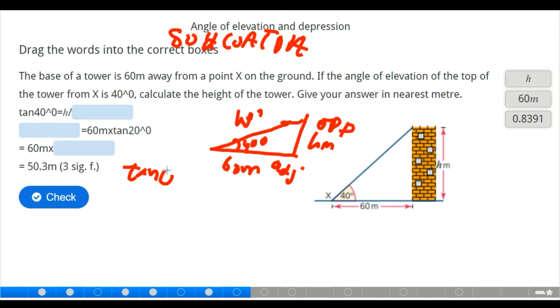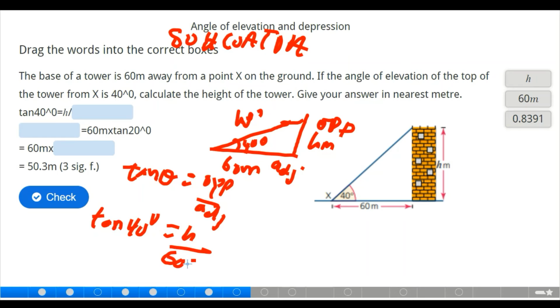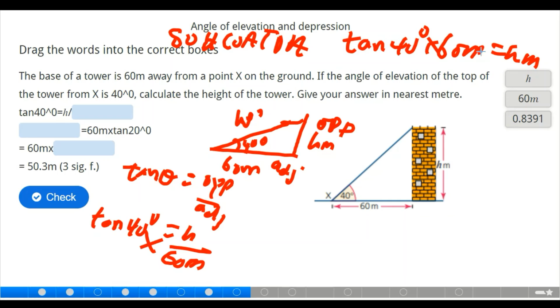So we have tan theta equals opposite over adjacent. Theta here is 40 degrees. Opposite is h, and adjacent is 60 meters. So we cross multiply, and we have tan 40 degrees multiplied by 60 meter equals h meter.